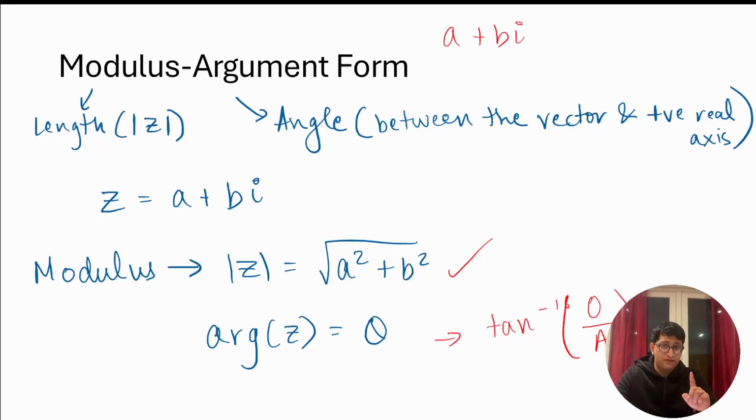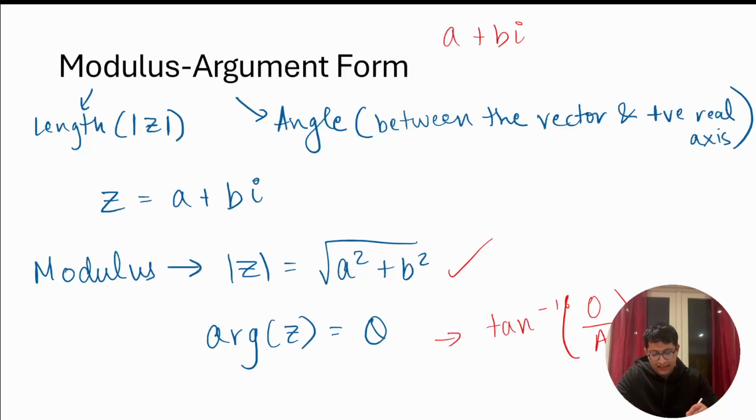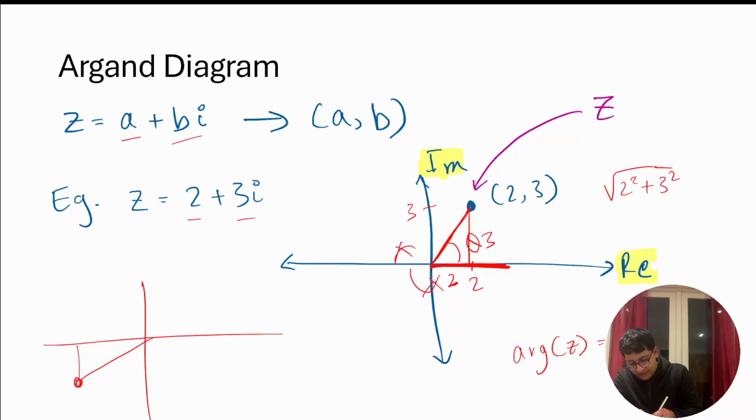What you do have to be very, very cautious of is what angle you're actually calculating. Because in this case, it's nice and easy. The theta's already making an angle with the positive real axis. In another case, let's say the complex number was here, right? And for argument's sake, let's just call this 5 and 3, right?